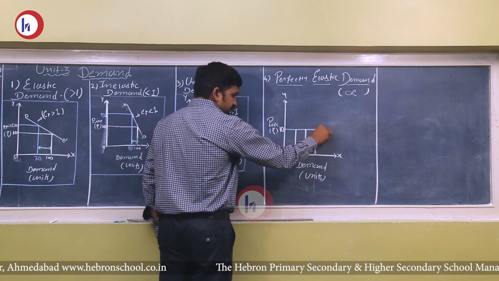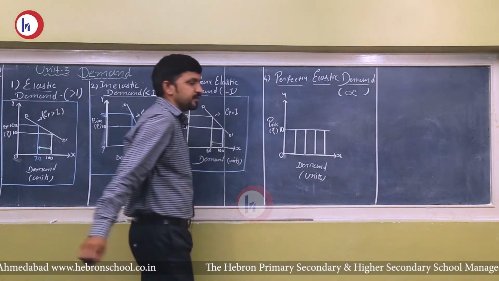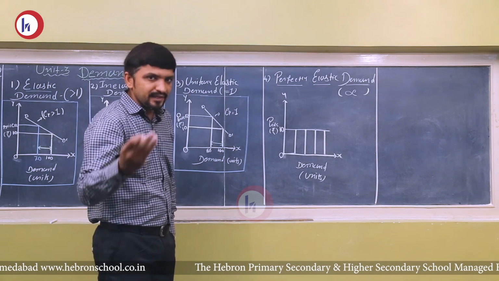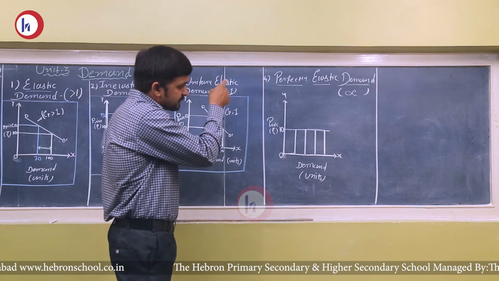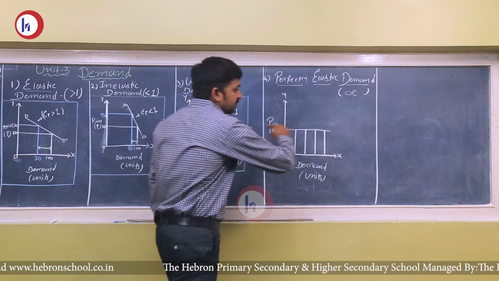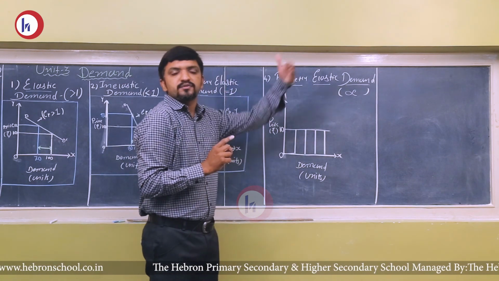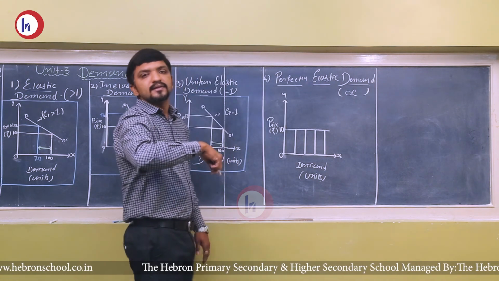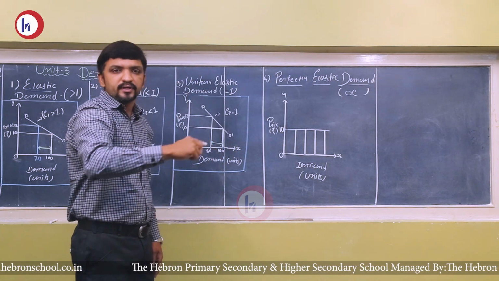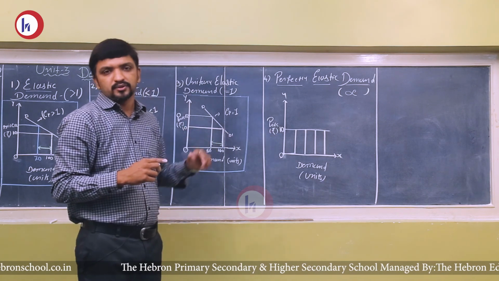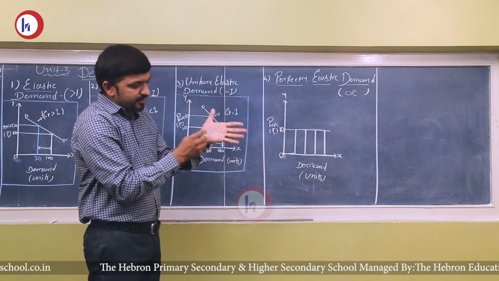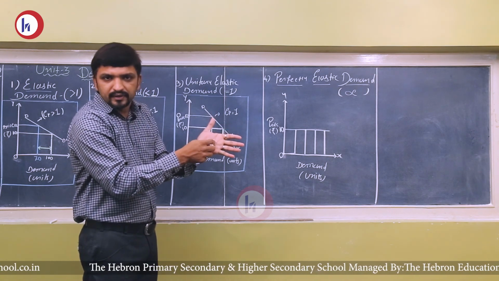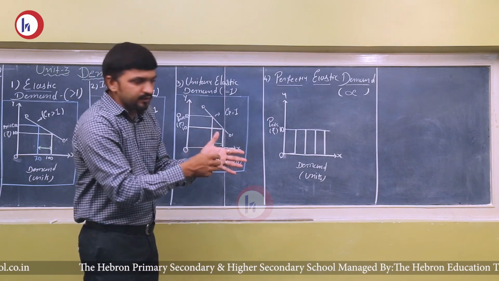If you want to remember, the answer is infinite. Infinite means horizontal. So the figure will be horizontal because the fifth one is going to be vertical. So the fourth one will be horizontal, and the answer is infinite. Infinite we are writing in horizontal way, I mean the sign is horizontal.